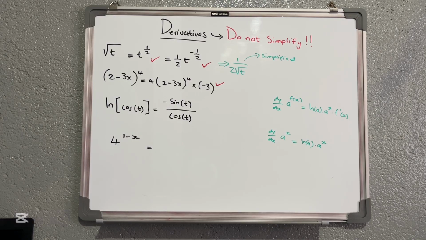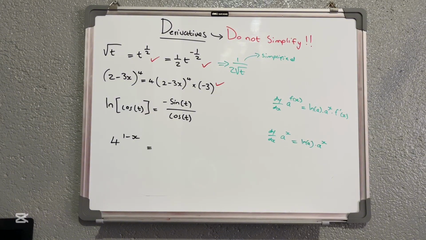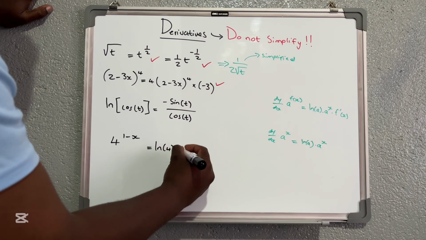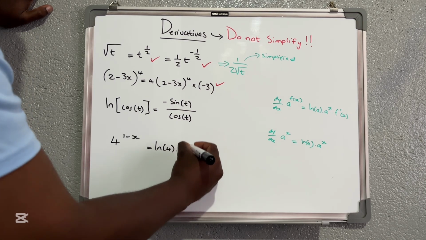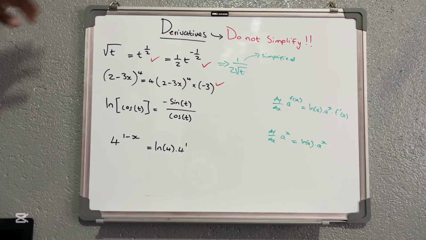So what's going to be your answer for that one? You have ln of 4 multiplied by 4 to the exponent 1 minus x. Let me see, did I write it correctly there?